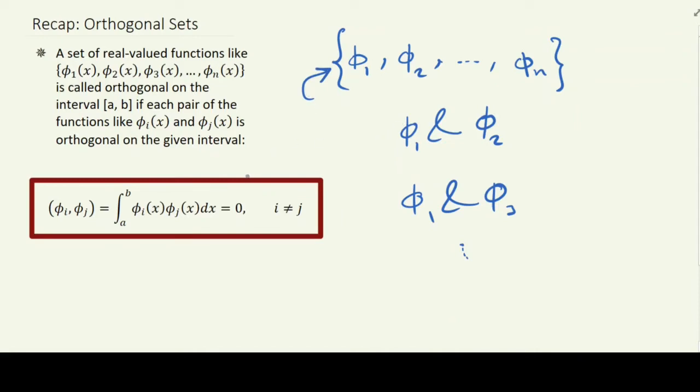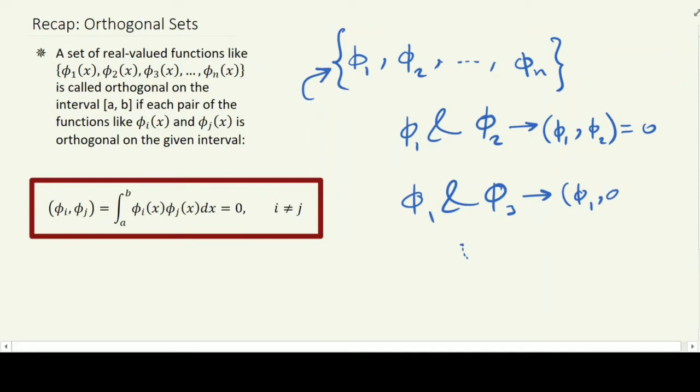And we also said that two functions are called orthogonal whenever their inner product is 0. So for example, phi1 and phi2 is called orthogonal when their inner product, phi1 and phi2, equals 0, right? And similarly, for example, phi1 and phi3 are going to be orthogonal if their inner product is 0, right?